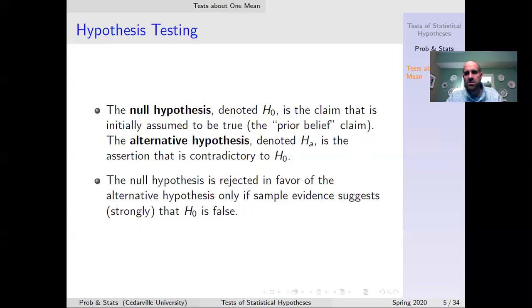So if you get some kind of very unlikely thing happening under the assumption of the null, okay, you assume the null, you do all of your computation with your sample based on that, and if you get something that is very unlikely based on that assumption, then you will reject it, and we'll make all of this rigorous later.